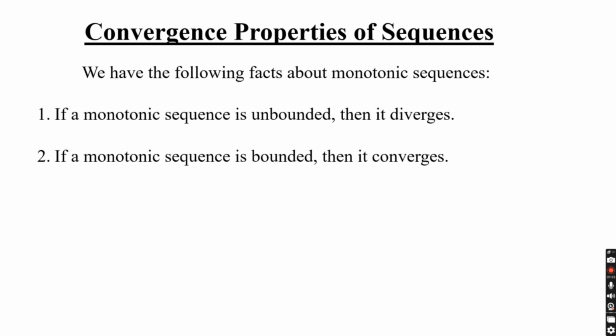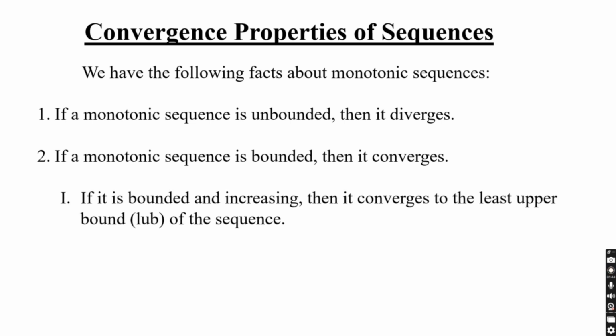When we say the sequence is a convergent sequence, it is bounded. There are 2 options in convergence when the monotonic sequence is bounded. The first one is, if it is bounded and increasing, then it converges to the least upper bound of the sequence.